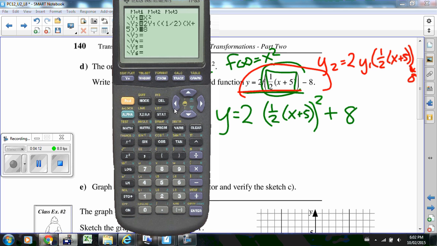And then over to here, make that a minus. Or I could go 2 times bracket 1/2, close bracket, x plus 5, close bracket, squared minus 8. There's my original function. There's my transformed function.